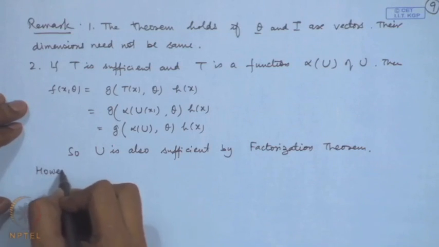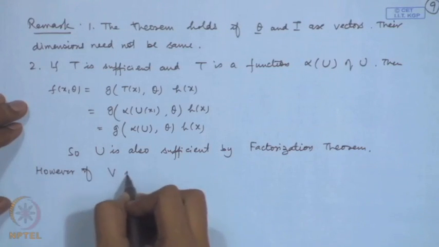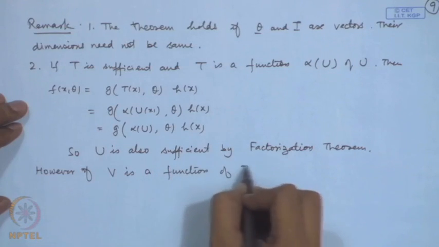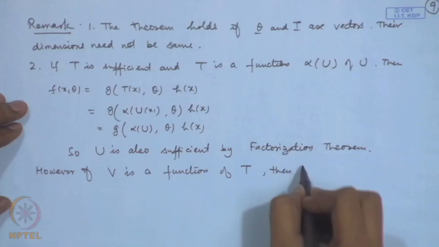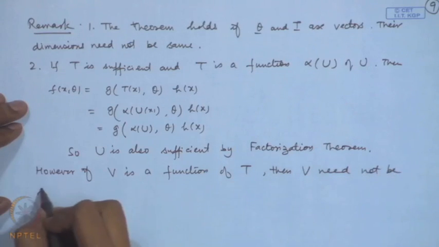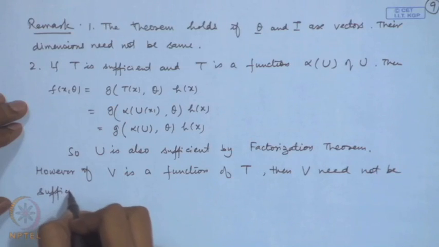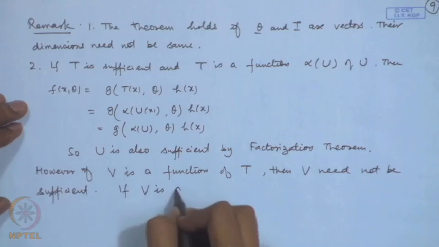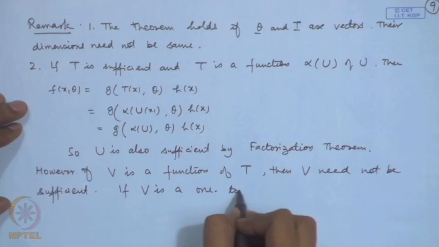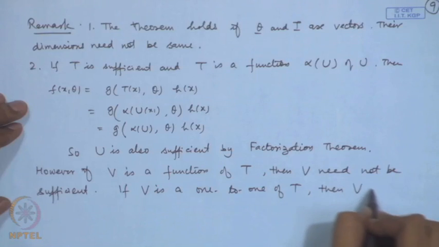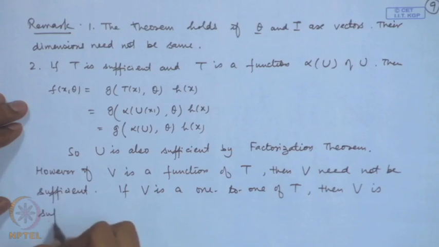However, if V is a function of T, then V need not be sufficient. If V is a one-to-one function of T, then V is sufficient.